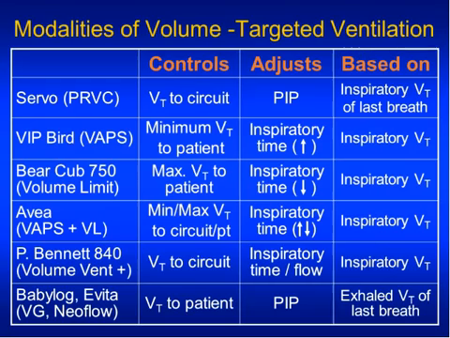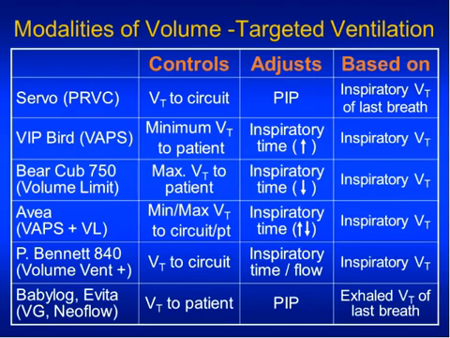So to try to get around these issues, folks have come up with modifications of pressure-controlled ventilation that alter some parameter to try to target a set tidal volume. And in essence, basically, you can either alter the inflation time or the inflation pressure.